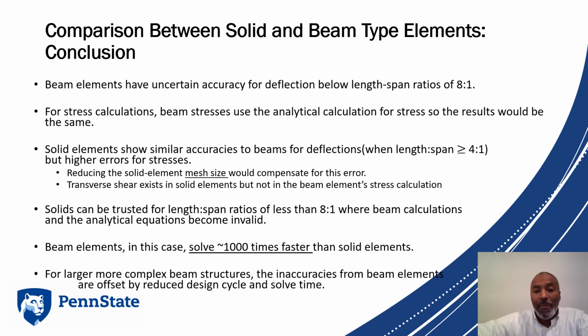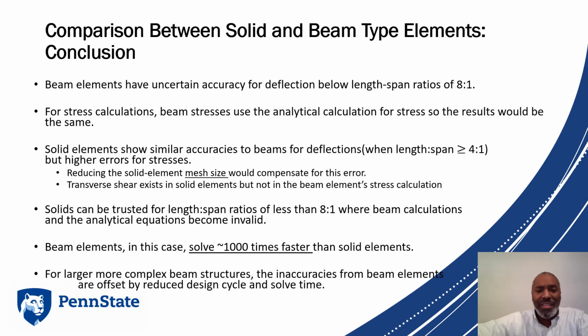So as we saw, as the beam got longer, yes, the solution error decreased for the solid elements, but this is partly due to the fact that we had more elements along the length of the beam. So solids can be trusted for length span ratios of less than 8 to 1, where beam calculations and the analytical equations become invalid.